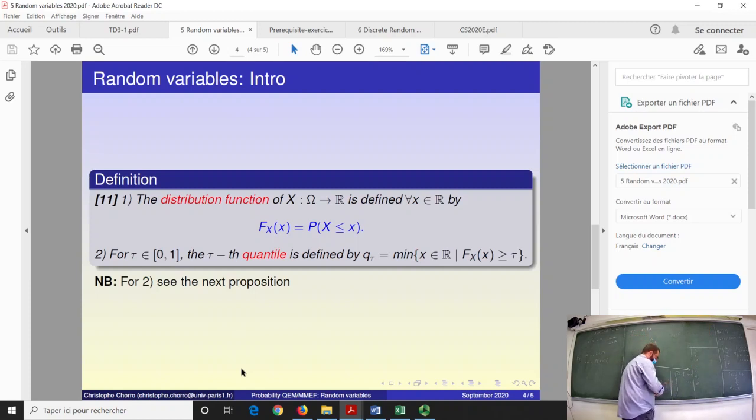Here my value is simply P of A complementary. Imagine that P of A complementary is equal to this one, between 0 and 1.